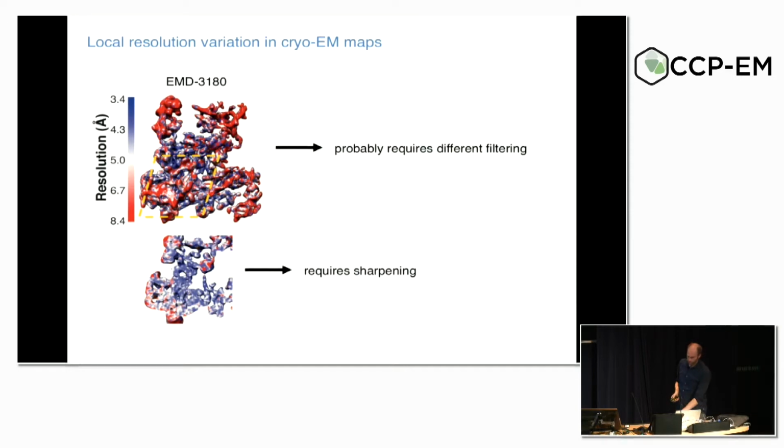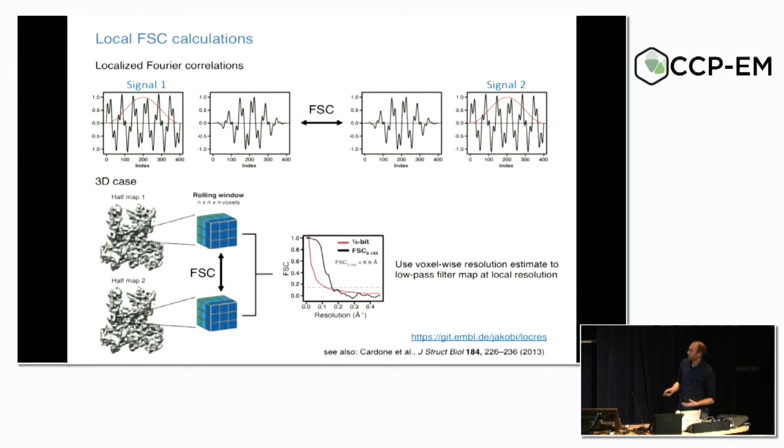We came up with a way to do this, but there are many others. This was actually introduced by the authors of Blocres initially. If you have a map and you want to determine resolution locally, you can do this by localized Fourier correlation. You sample the signal in a rolling window, using an appropriate apodization function to get rid of edge artifacts.